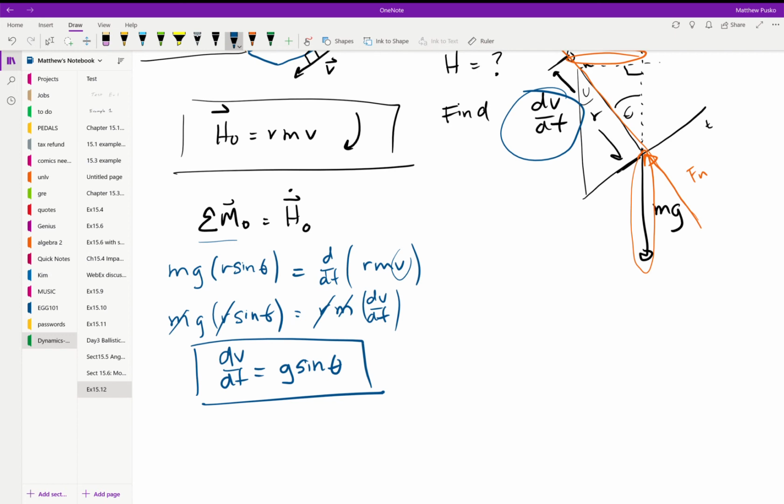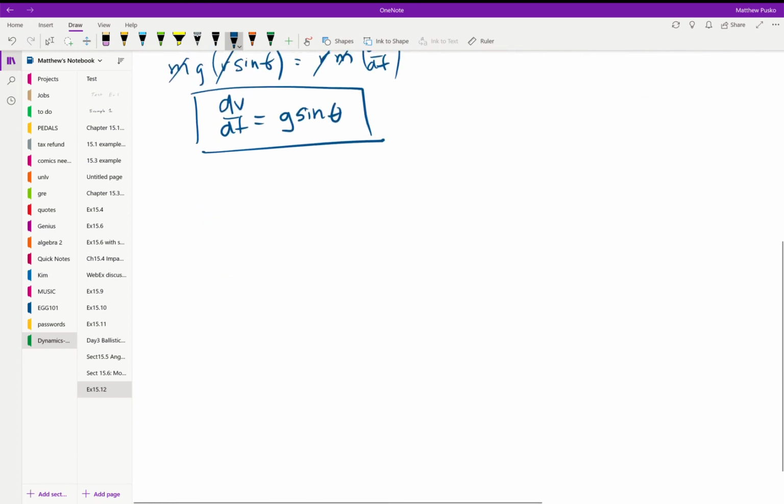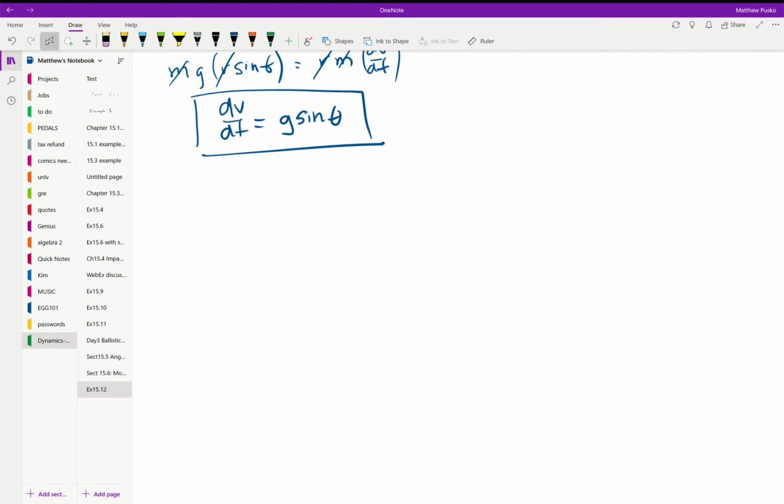Alright, we can do the same thing by applying our equations of motion that we would get from summing the forces. And this might be an easier method, just showing you another tool in the toolbox.